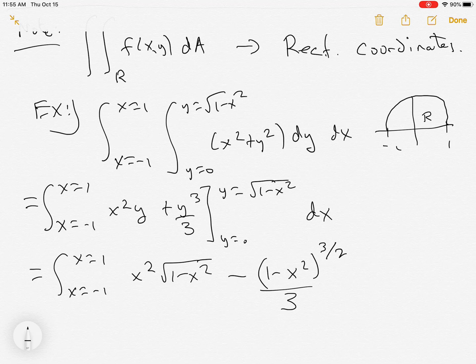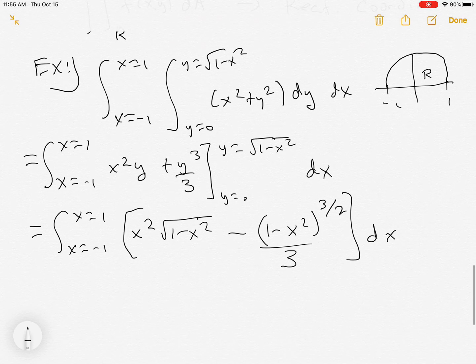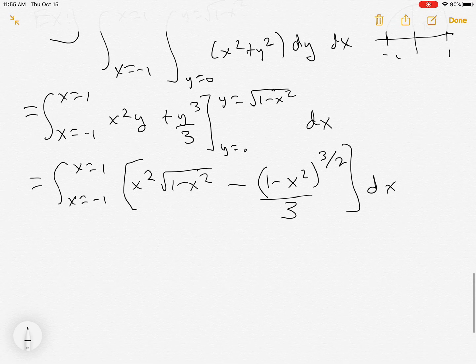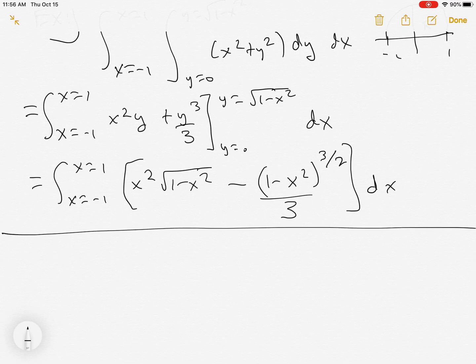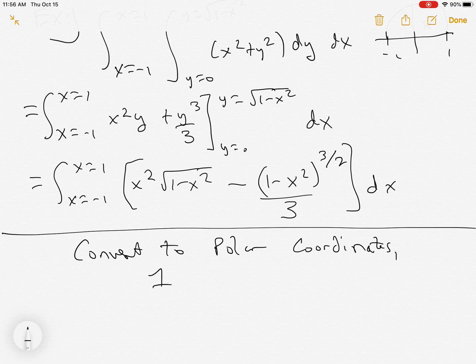Doesn't matter, because now you're in little hell. And there is a way to solve this, and it's going to take you half an hour, but trust me, if you convert this to polar coordinates, it's a one-liner.